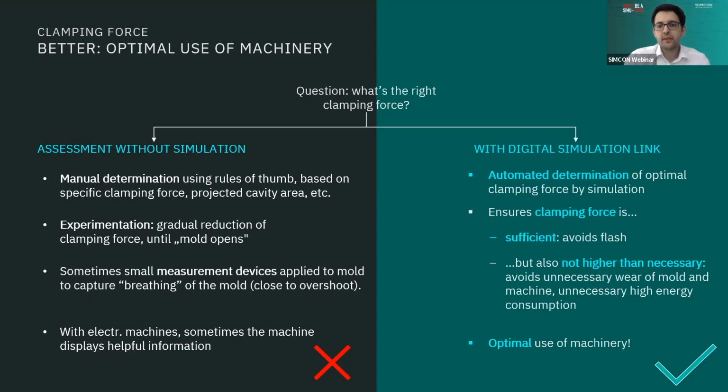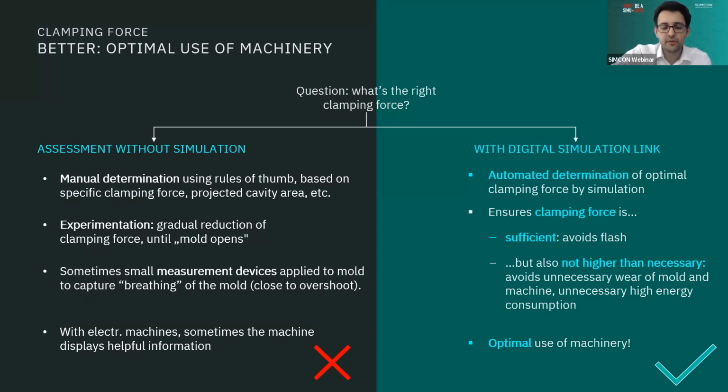In CADMould, the required clamping force over the cycle has been available as a simulation result already for a lot of years. So you can see directly in the injection molding process how high the clamping force is during the filling peak, and also during the packing phase.